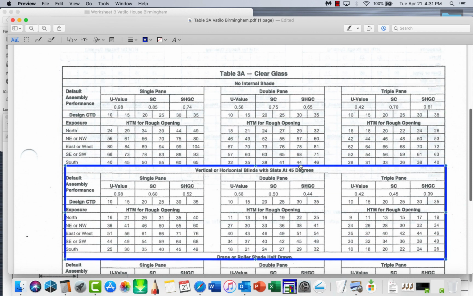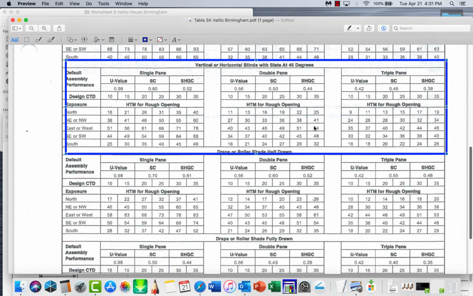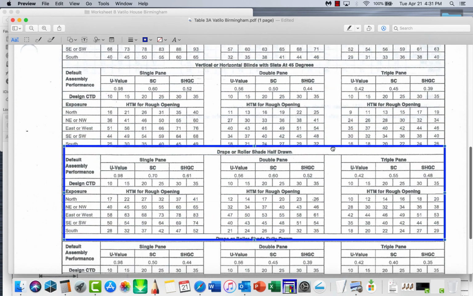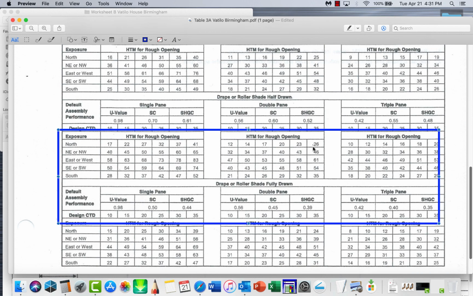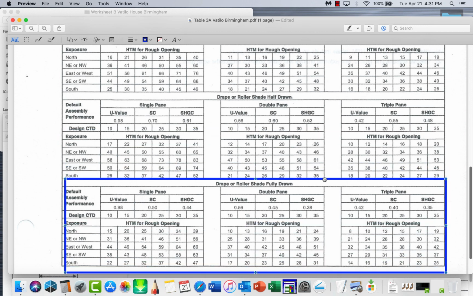This is vertical set at 45 degrees, the blind set at 45 degrees. This right here is draped rollers, or halfway drawn down drapes or shades. And of course, the final one would be shades, rollers, fully pulled down. So, some houses have windows or drapes that completely black out the windows and stuff like that. So that's going to help your heat load.